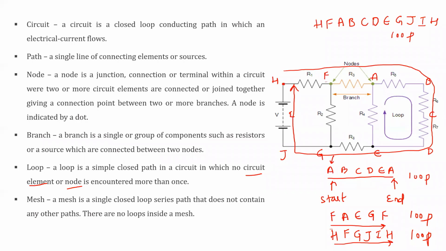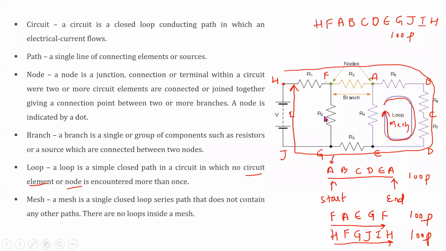What is a mesh? It is a loop inside which there should not be any other loops. For example, consider A, B, C, D, E, A. It is a loop and also a mesh.